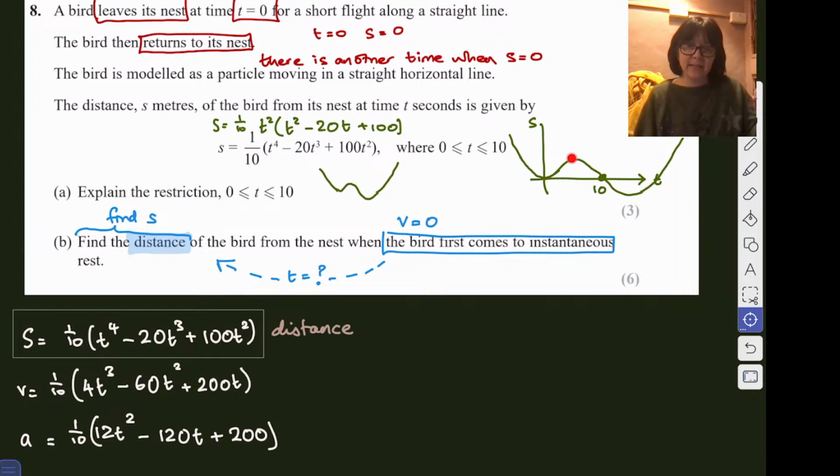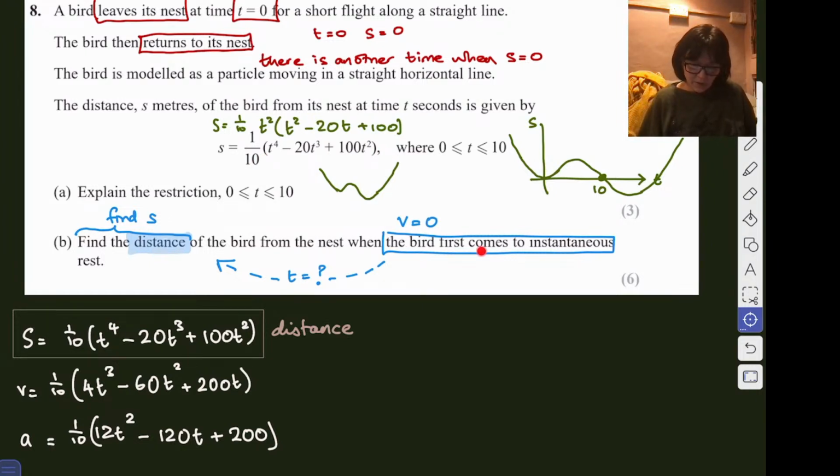The gradient of the ST graph is 0, meaning V is 0, and that's because it's going from the top of the VT graph to the bottom of the VT graph. And now it's getting closer and closer to the nest, and now it's back at the nest. So I would guess that that bit there is 10, but to check it, I would have to stick 10 in there and see that it came out with 0. So now it makes more sense to me what we're doing.